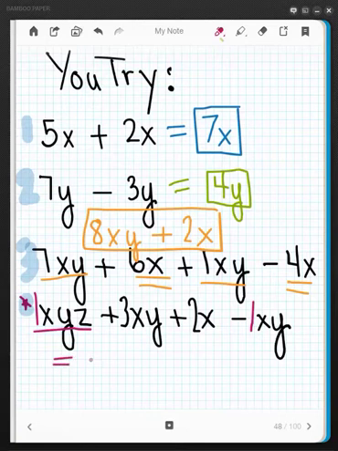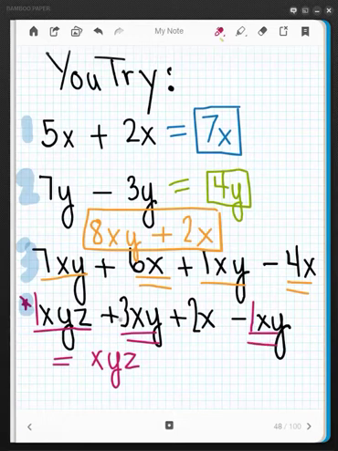So the XYZs, I only have this one XYZ. So I'm going to write down here that this is XYZ. Now, if you prefer to put one XYZ, that is okay. That is the same thing. And then I'm going to look for XY terms. And I have two XY terms, one here and one over here. So in my mind, I'm commuting and associating.